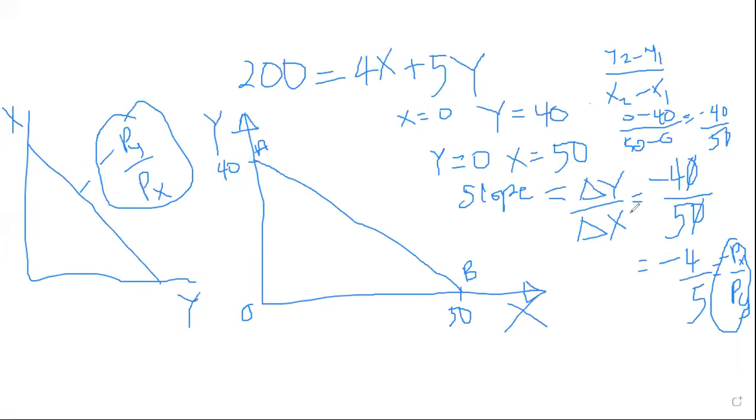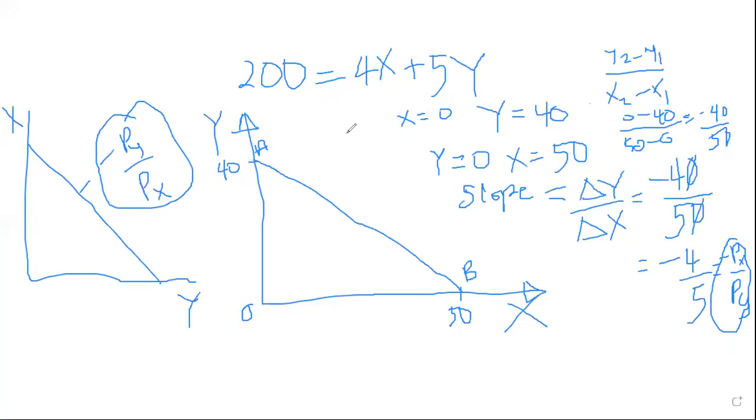So the slope, we have minus Px over Py because y is on the vertical axis and x is on the horizontal axis. It could change, right? y could have been on the horizontal axis and x on the vertical axis, and therefore the slope will rather be the reverse, as you see here.